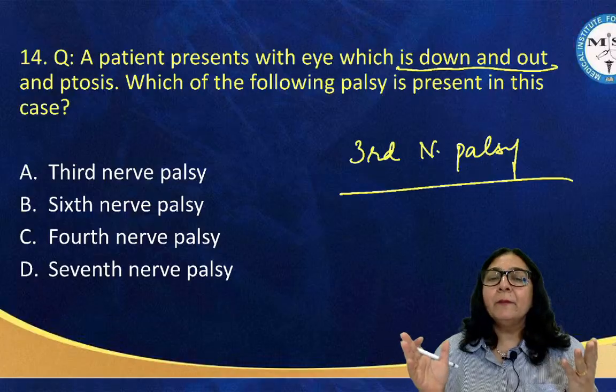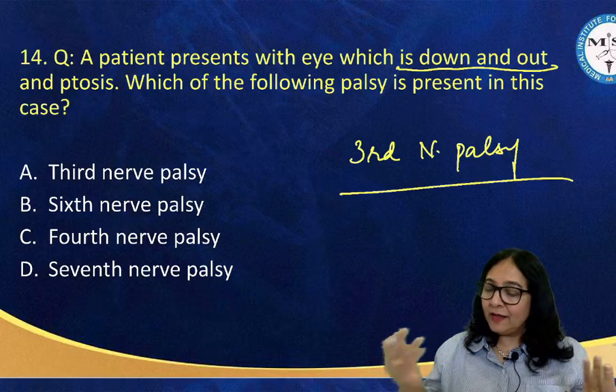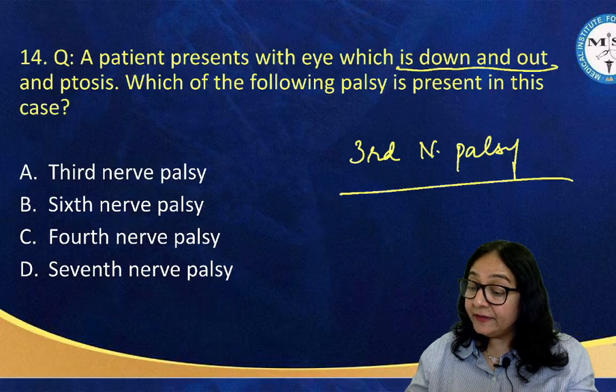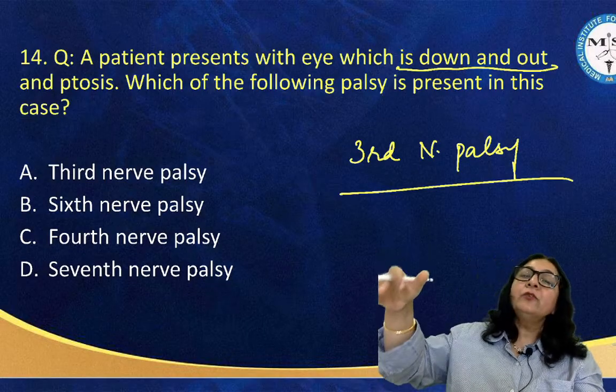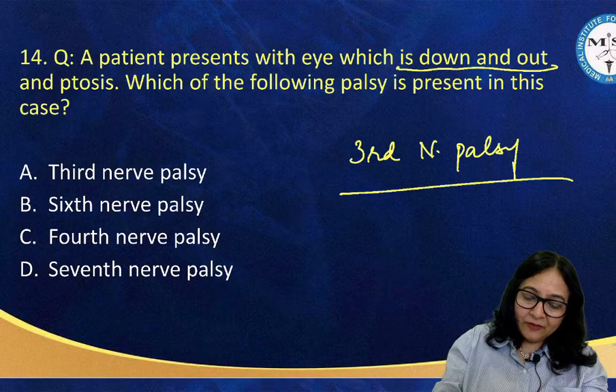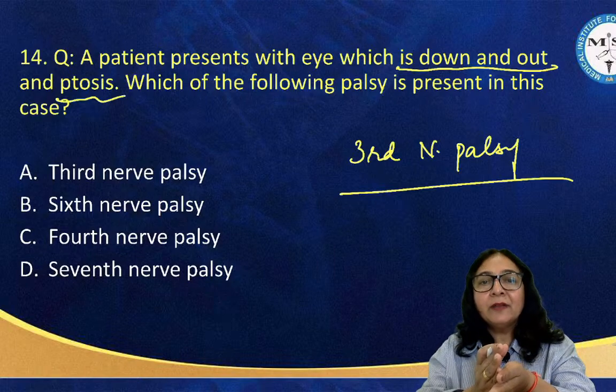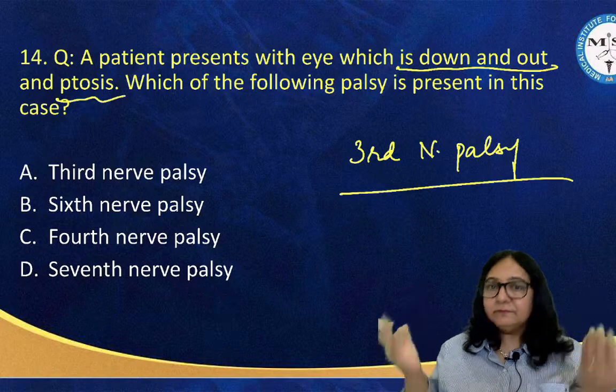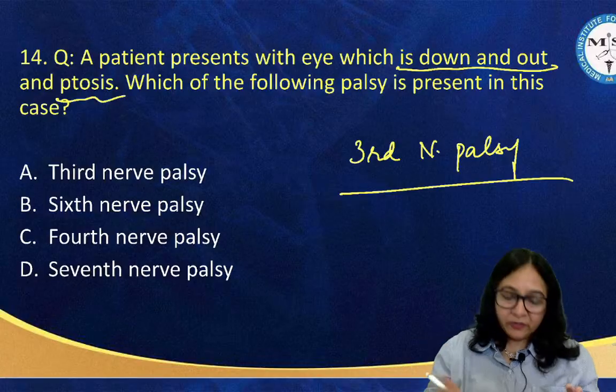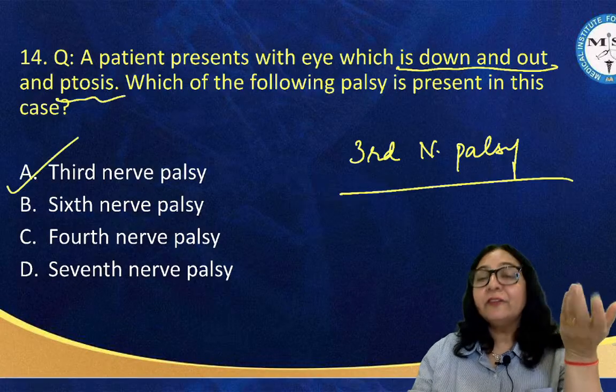Rest all are either weak or completely paralyzed. So down and out and ptosis. Nerve palsy with down and out eye and ptosis, no doubt in your mind it should be third nerve palsy beta.